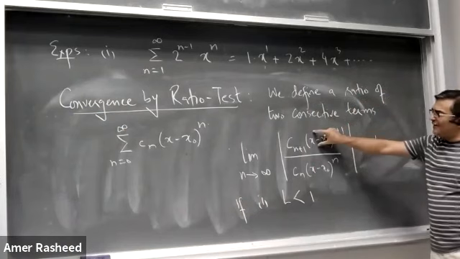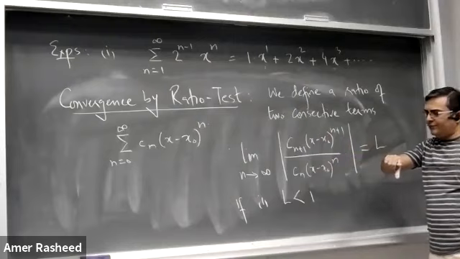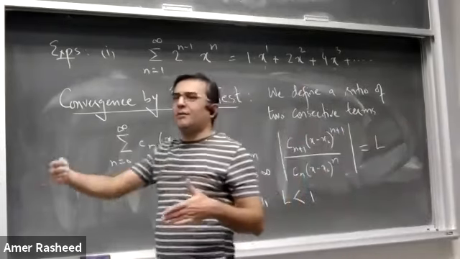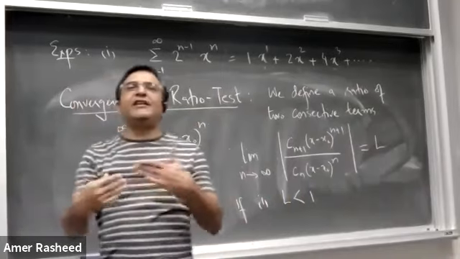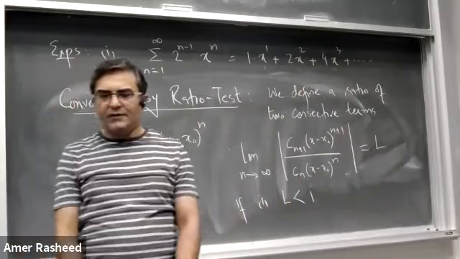The ratio of the next and previous term is less than 1. It means the subsequent terms of the infinite series are getting smaller and smaller. This is what it means.